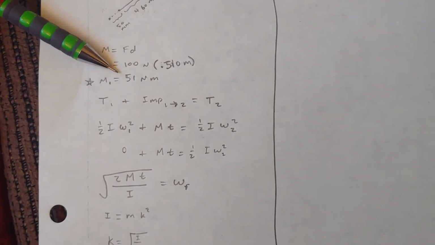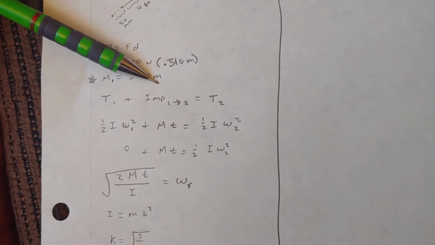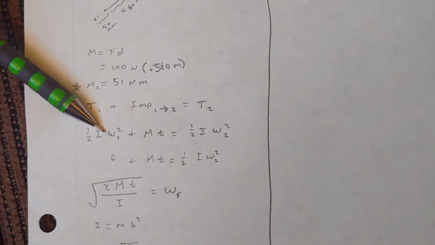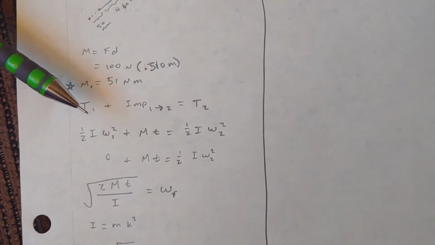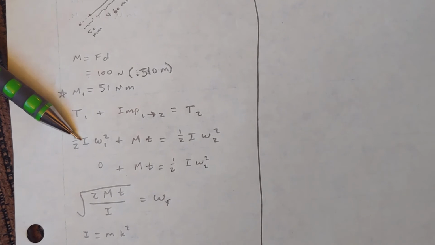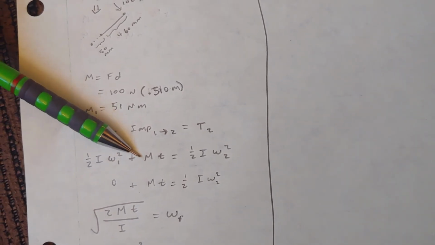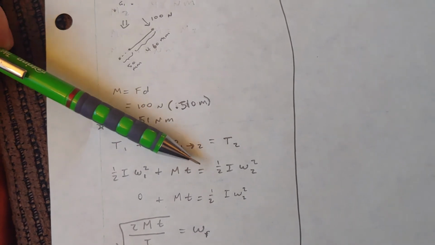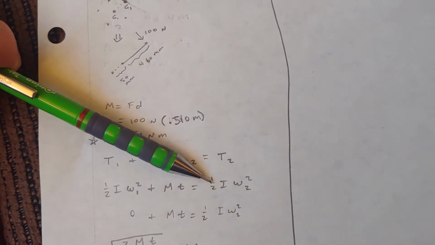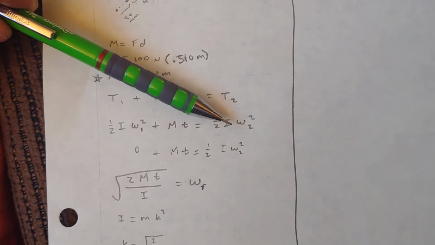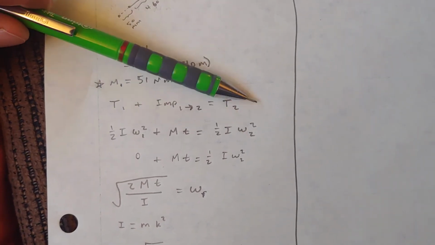Then we'll take our impulse equation, kinetic energy plus our impulse equals our final kinetic energy: 1 over 2 times the inertia times the initial angular velocity squared, plus the moment times time, which is our impulse, equals 1 over 2 times the inertia times the final angular velocity squared.